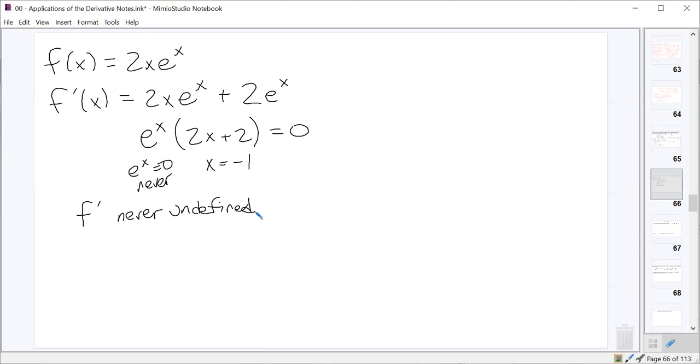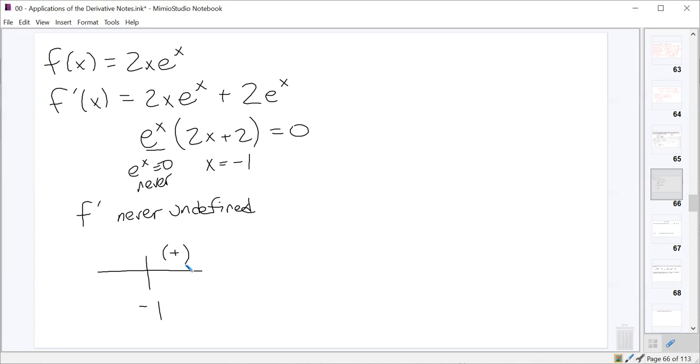And I can also evaluate 2x plus 2 for any number and multiply the two numbers together. So we only have one critical value here, that x equals -1. And if we make a sign chart with just -1 on it, plugging in a number to the right of that, like let's say 0, e to the 0 is a positive number.